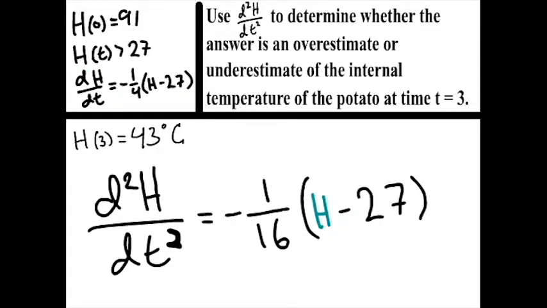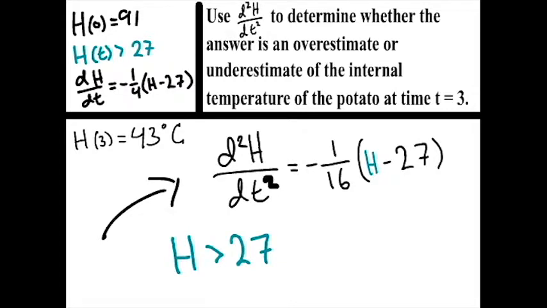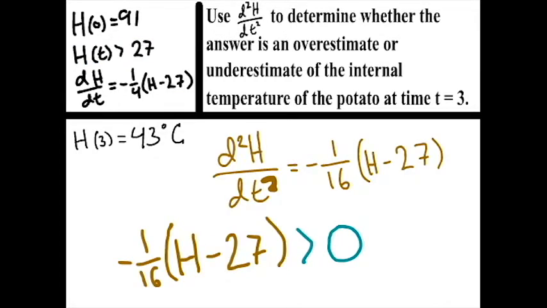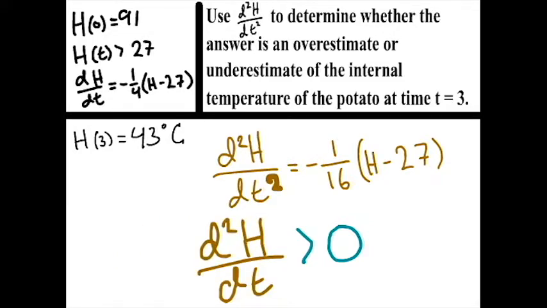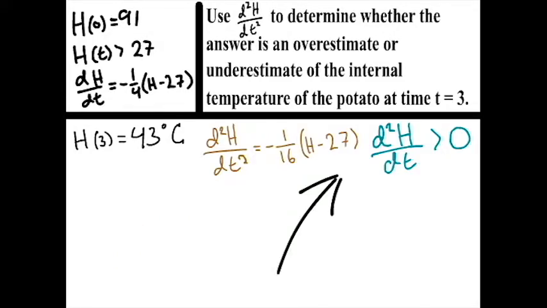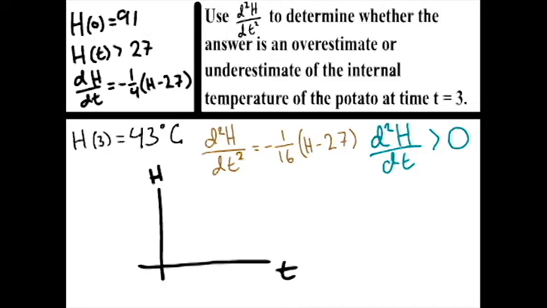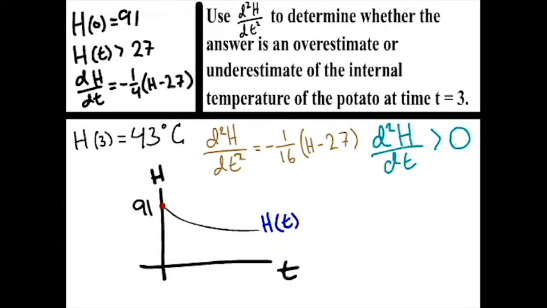We simplify that to negative 1/16 (h minus 27), and we look at the fact that h is greater than 27, which means h minus 27 must be greater than 0, and negative 1/16 (h minus 27) must be greater than 0, which is d squared h over dt squared. H of t, therefore, is concave up.